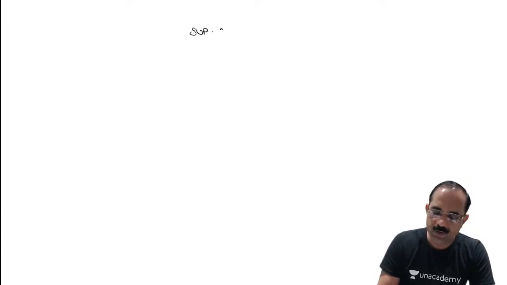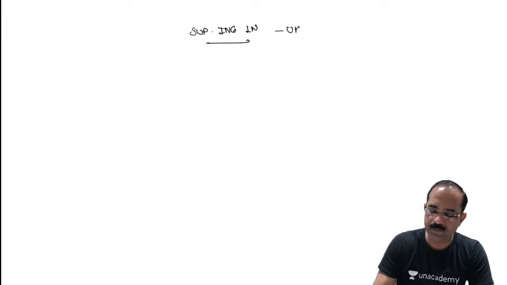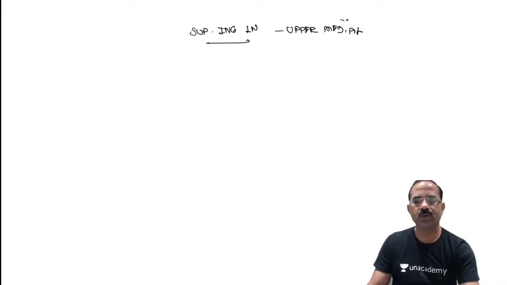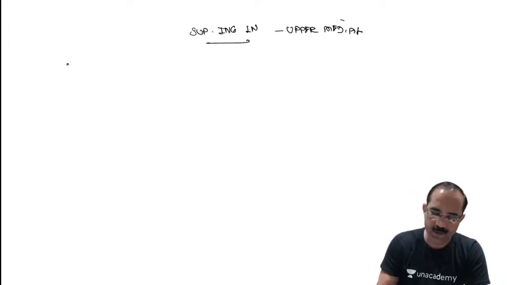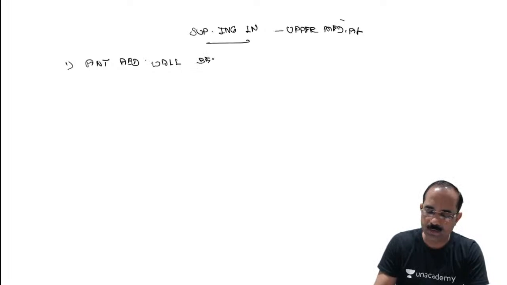So superficial inguinal lymph nodes, upper medial group. What do they drain? They drain the anterior abdominal wall below the umbilicus.